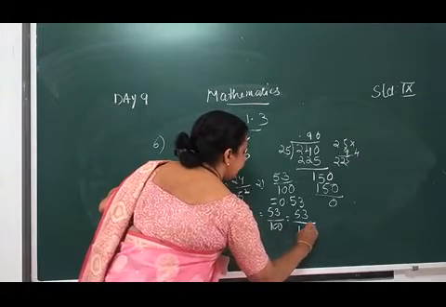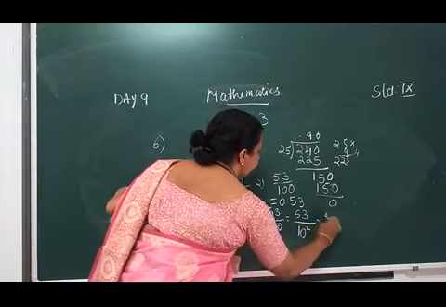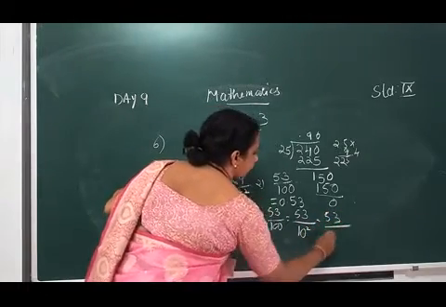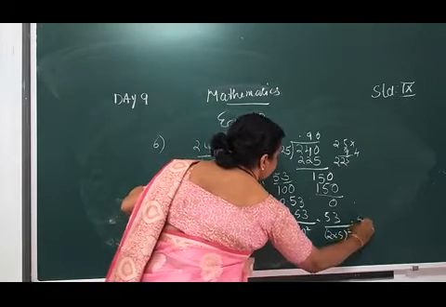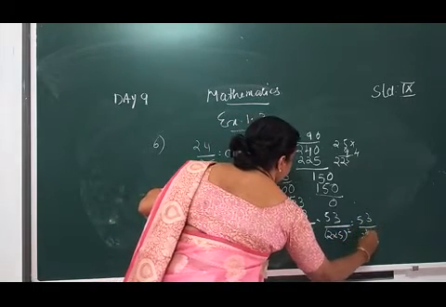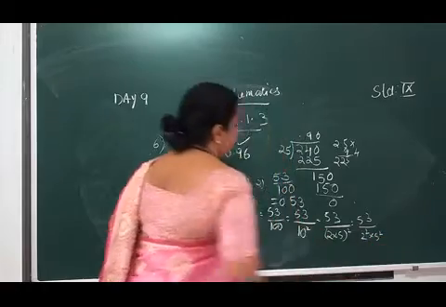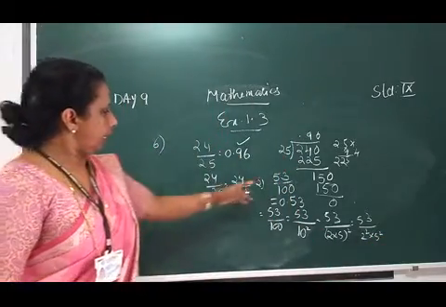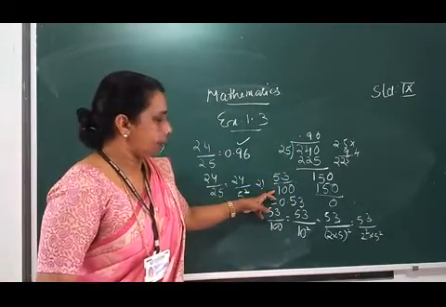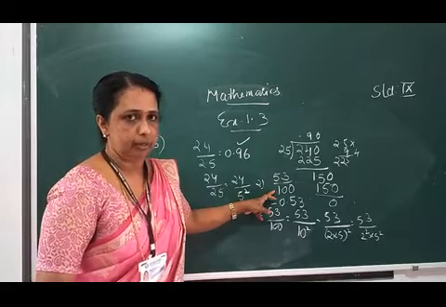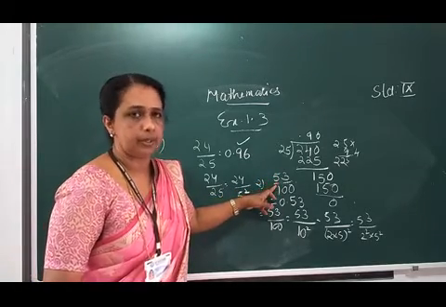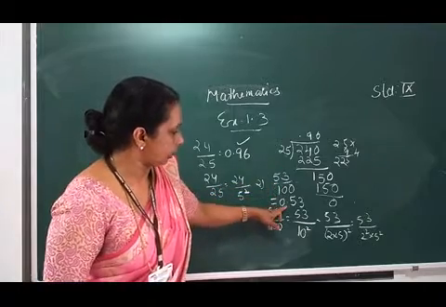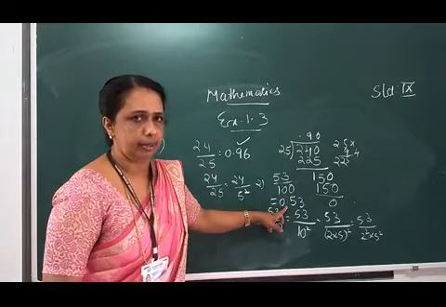We can write 10 square, and 10 as 2 into 5, the whole square. So 53 divided by 100 is 53 divided by 2 square into 5 square. That is a rational number, 53 and 100 are co-prime numbers, and we get a terminating decimal expansion.